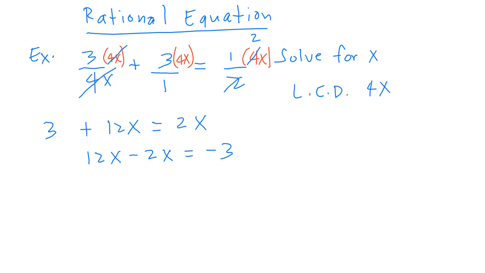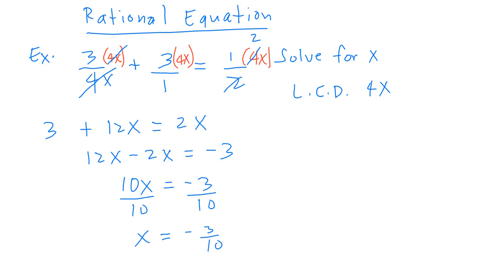So here 12x minus 2x would mean 10x equals negative 3. And then divide this by 10 to get our x. Then our answer would be a fraction. It's negative 3 over 10.